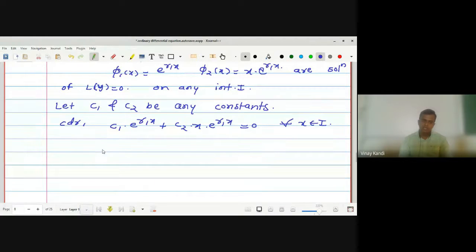Then we have C1 plus C2x is equal to 0. But e raised to R1x is always positive. It means that C1 plus C2 of x is equal to 0.